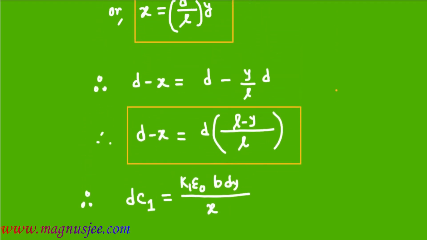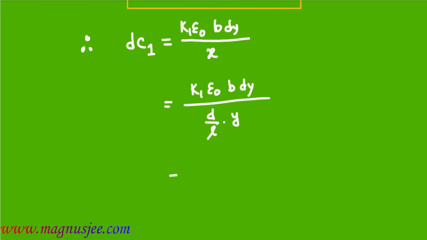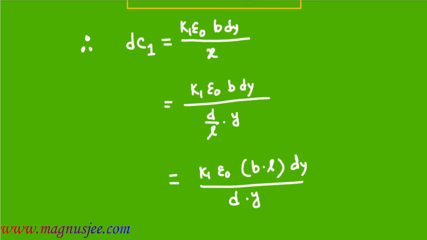Therefore dC1 equals, putting the expression of x, k1 epsilon 0 b dy divided by (d by l) into y, equals k1 epsilon 0 (b into l) dy divided by d into y.